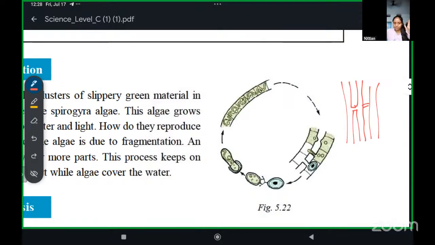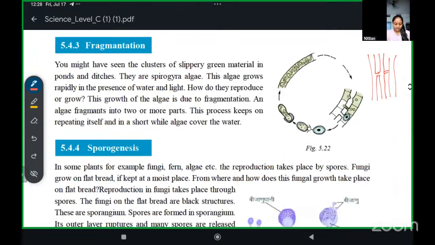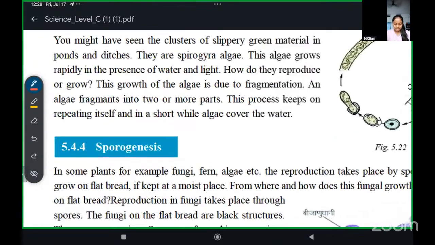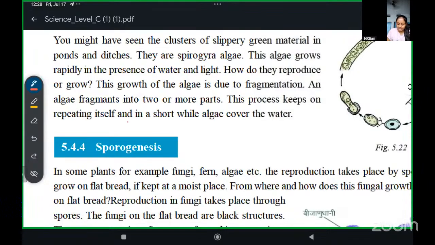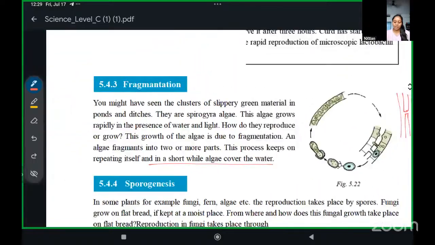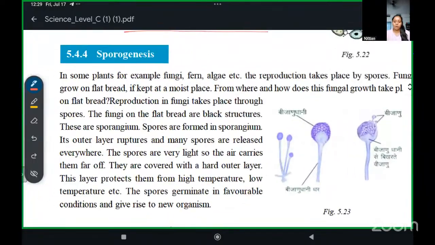It keeps dividing itself into fragments, and this keeps on repeating, and if it is not cleaned, the algae covers the whole water. This is fragmentation.